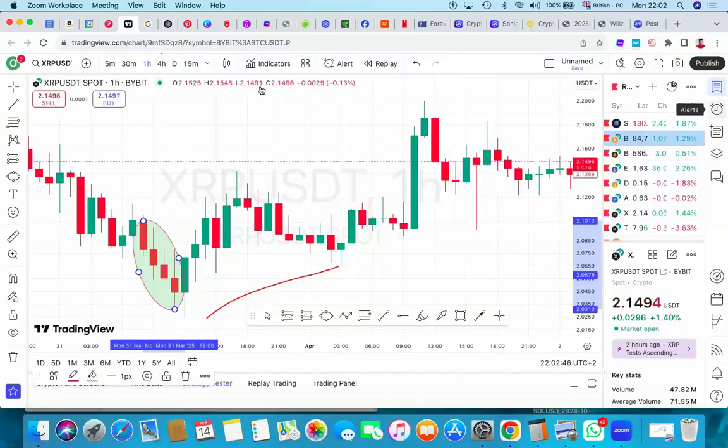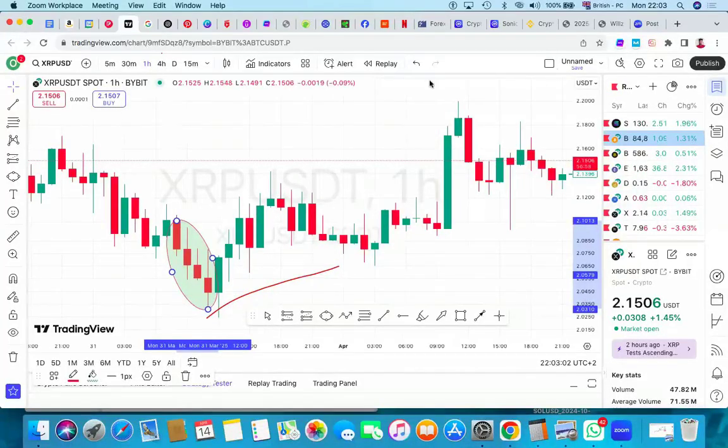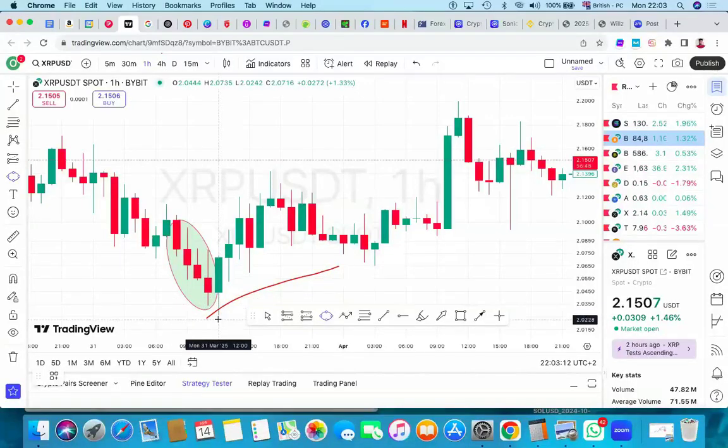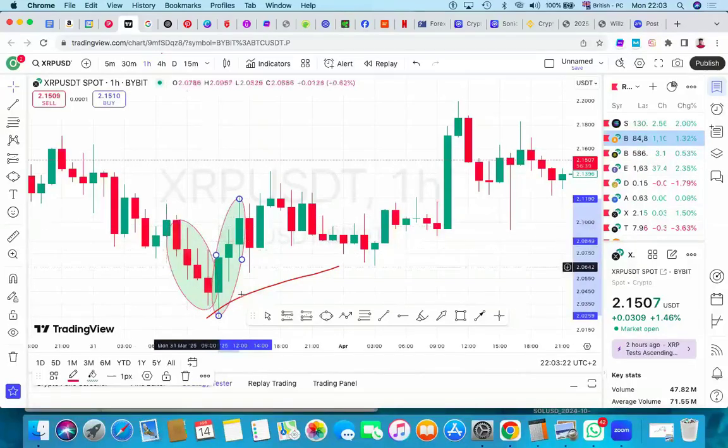So we are talking about the bullish engulfing. For the bullish engulfing, this is a very practical example. We have just one, two, three candles, these three, and this whole move here covers it.